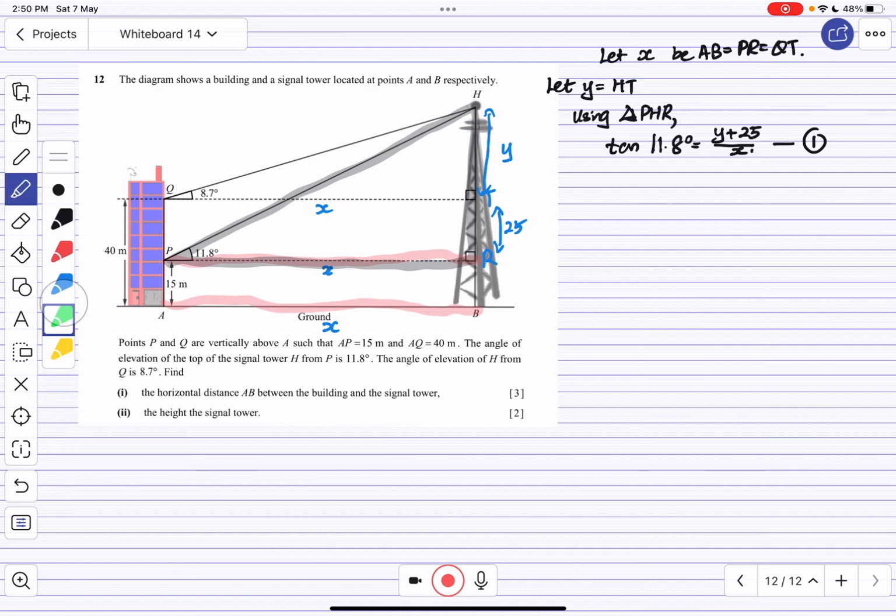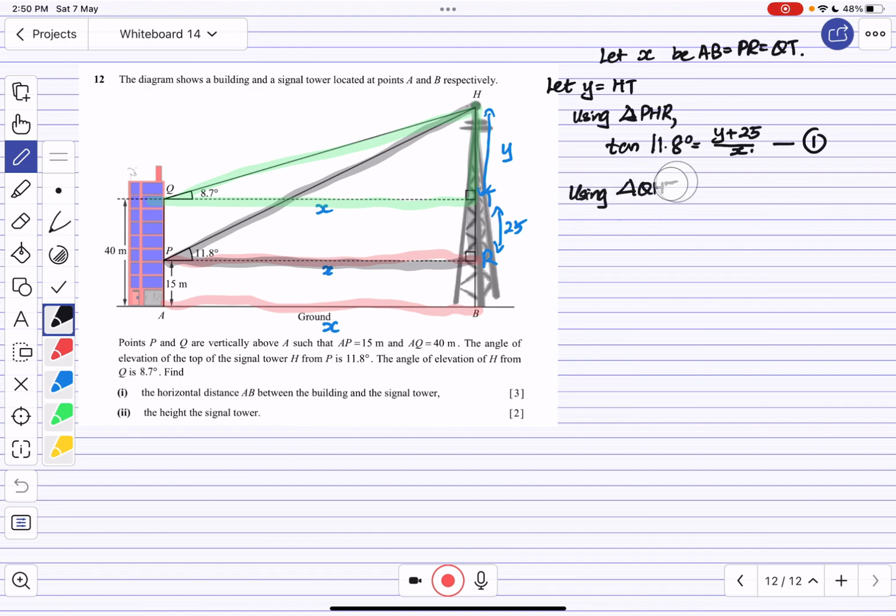Next, let me look at this other triangle, the one in green, QHT. Using triangle QHT, I can say that tangent 8.7 degrees is the same as Y over X.